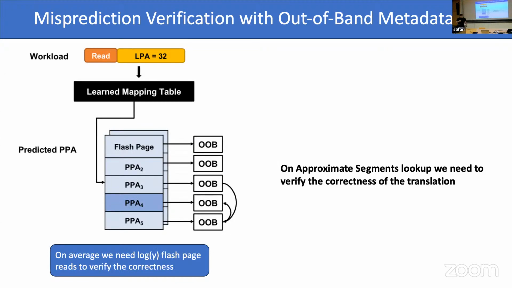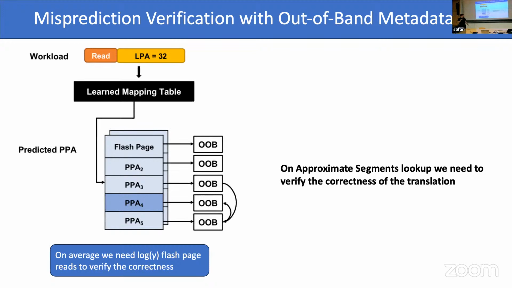Also, we need to talk about misprediction verification, because in case we have approximate segments, we are not actually 100% sure that the PPA we get when translating the LPA is correct. So we use the out-of-band metadata to verify the correctness.